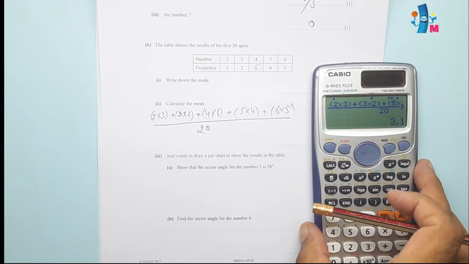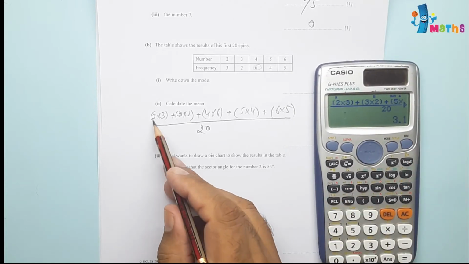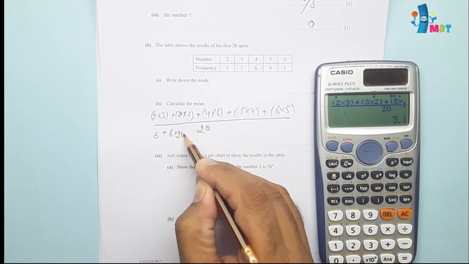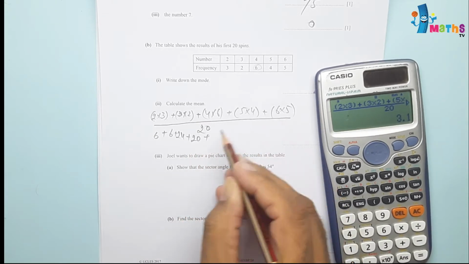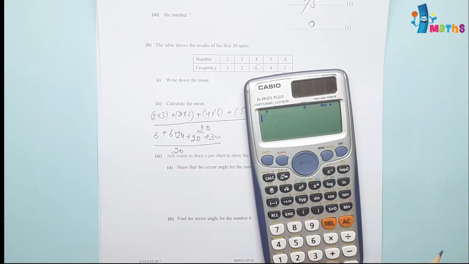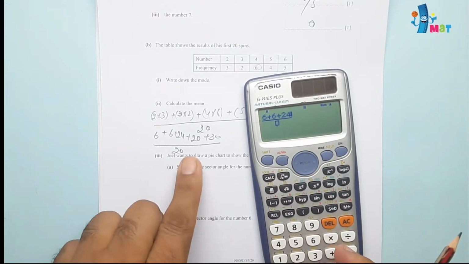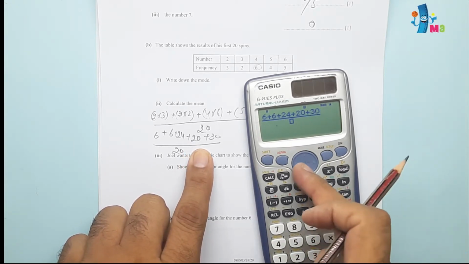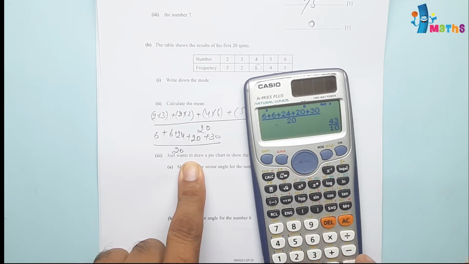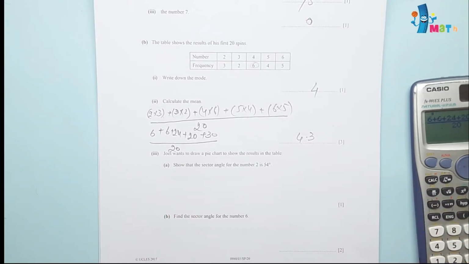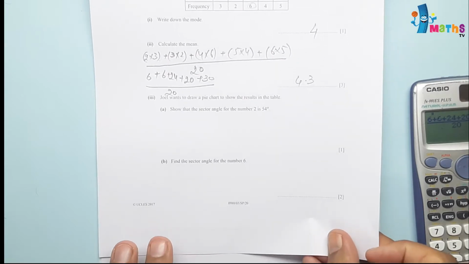We'll have to check our calculations again. 2 into 3 will be basically 6, plus this will be also 6, plus 24, plus 20, plus this will be 30, divided by 20. We'll check the calculation again. Maybe we have made some mistakes. So 6 plus 24 plus 20 plus 30, and divided by 20 will be equal to 4.3. Now it's correct. So 4.3 is the exact calculation, and this is the mean.